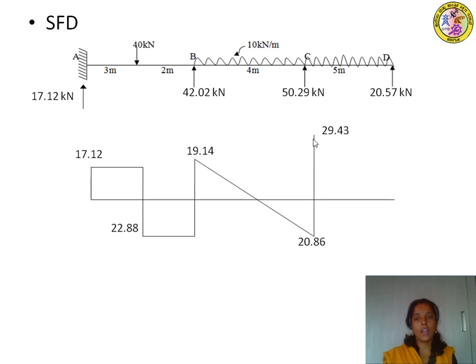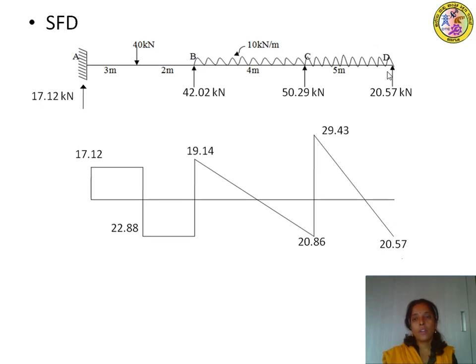So this ordinate above the baseline should be 29.43 kilonewton. Shear force to the right of C is 29.43, and to the left of D, a UDL is acting in between, so 29.43 minus 10 into 5 will be equal to minus 20.57.